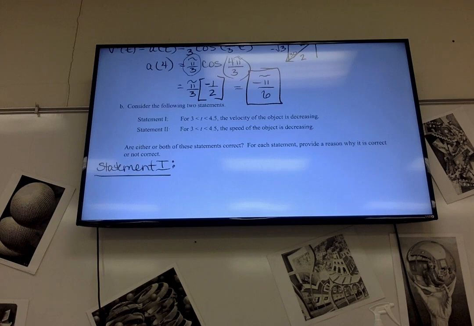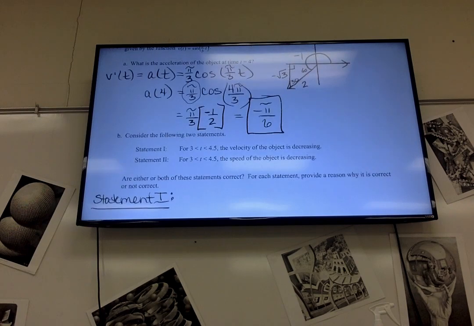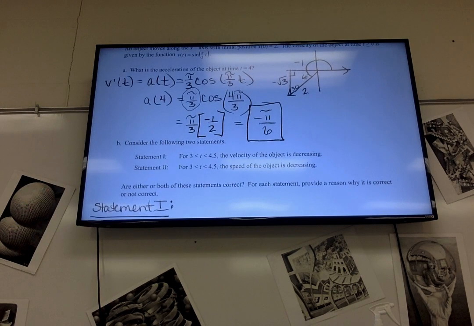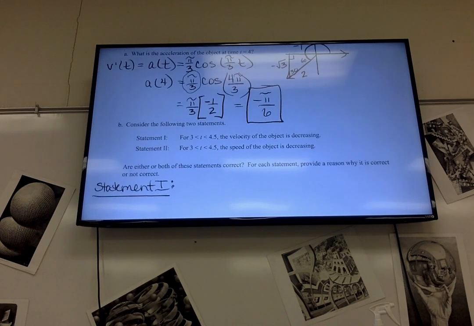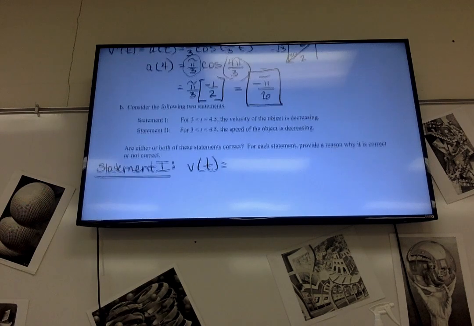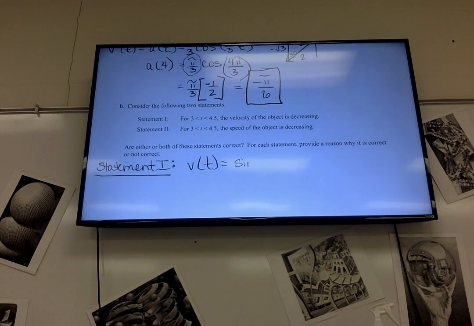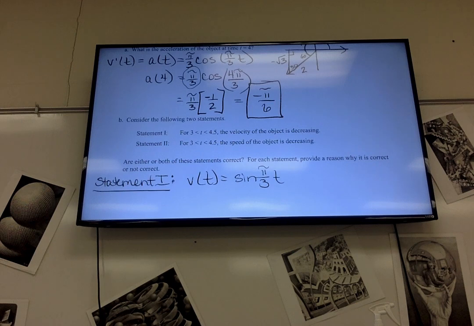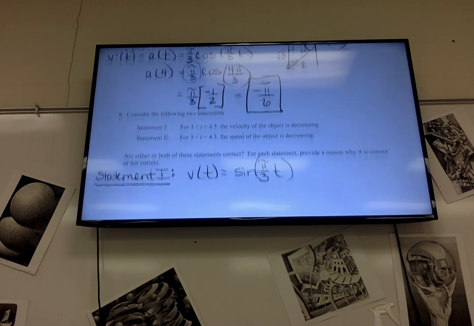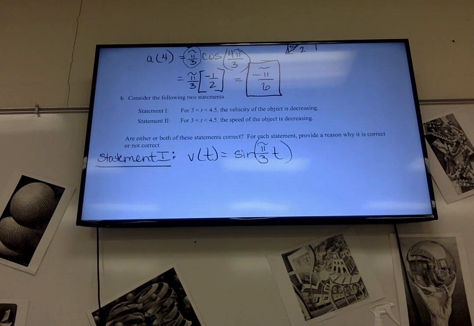How do I know if the velocity is positive or negative? I have v of t, which was given to us as sine of pi over 3 t.